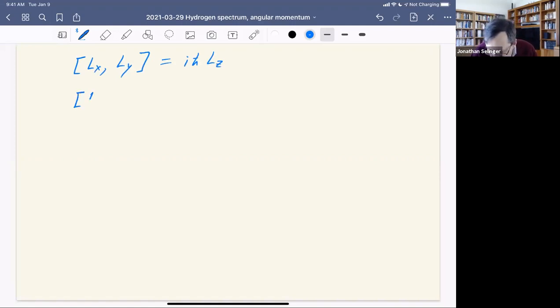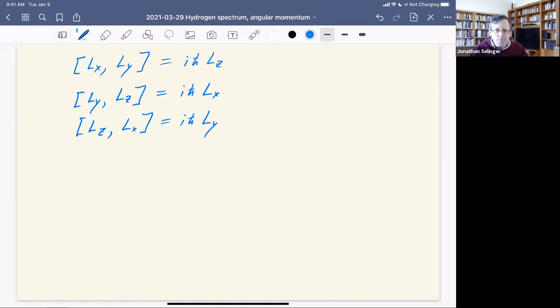So the commutator of Ly with Lz is i h bar Lx, and the commutator of Lz with Lx is i h bar Ly.